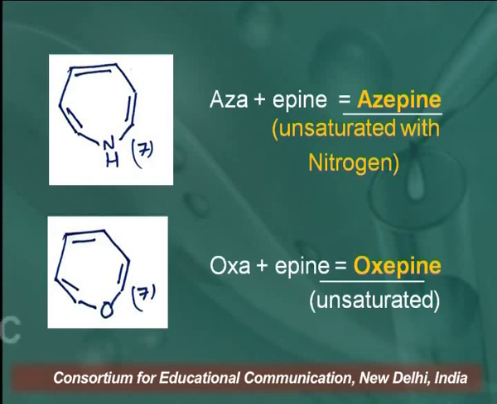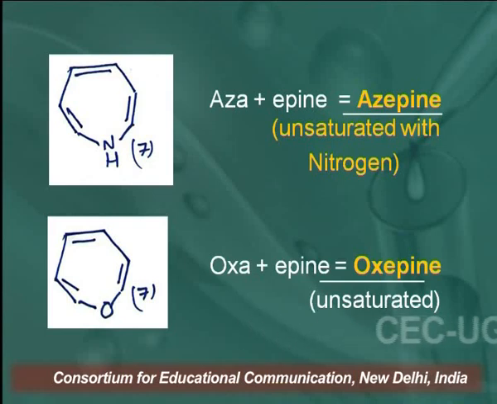Next, you will easily name them. Here, for oxygen, you will write oxa. The prefix will be oxa. Now, count the ring size. It's a 7-membered ring, including oxygen. For a 7-membered ring, what will be the suffix? Ep. Again, here nitrogen is absent but the ring is unsaturated, so it will be ine.